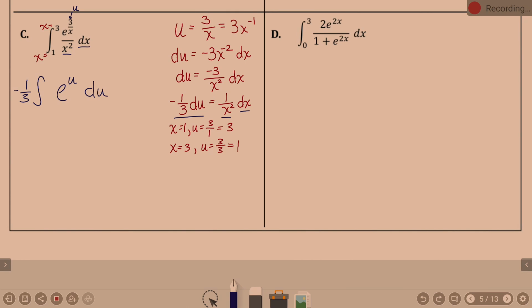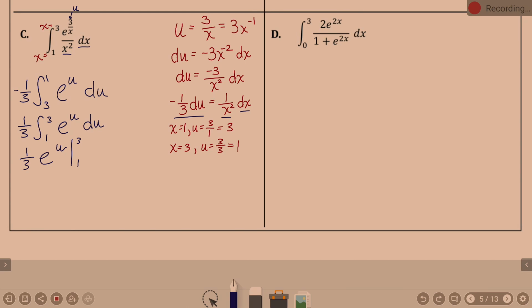My boundaries that were 1 and 3 are now 3 and 1. You can't have the bigger bound on the bottom, so we reverse it, and now this reads positive 1/3, integral from 1 to 3, e to the u du. The integral of e to the u is e to the u evaluated from 1 to 3.